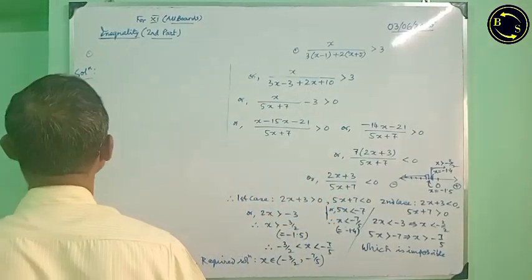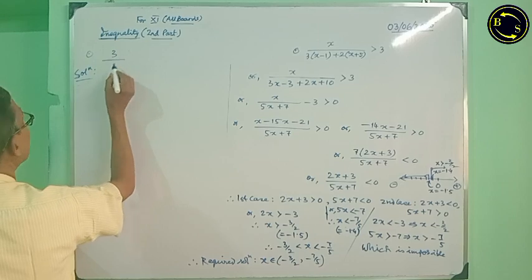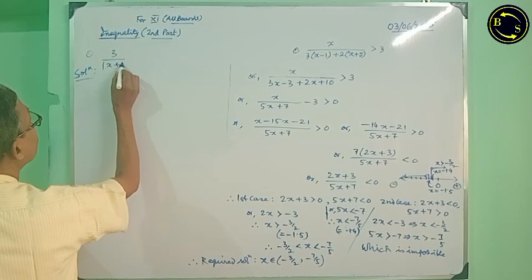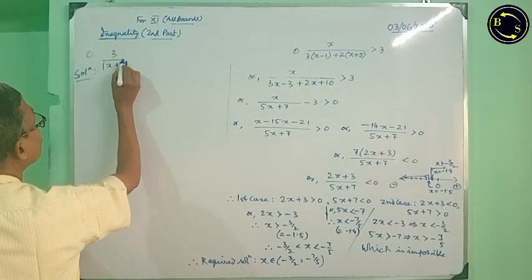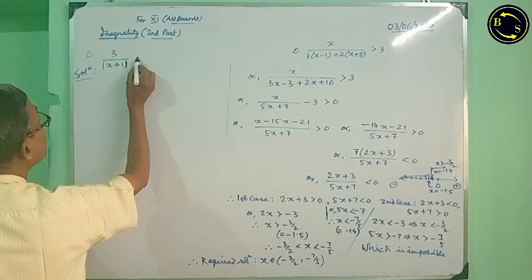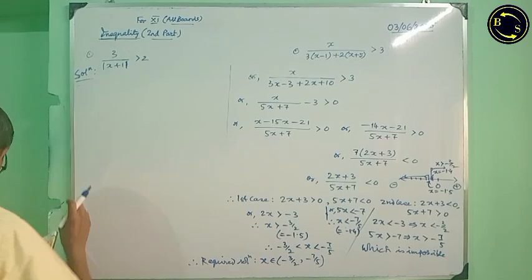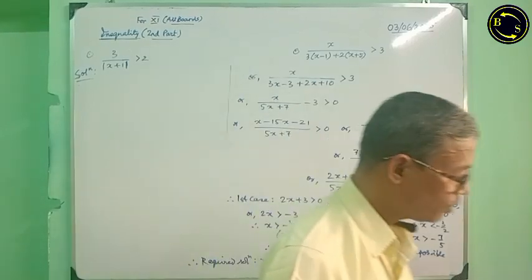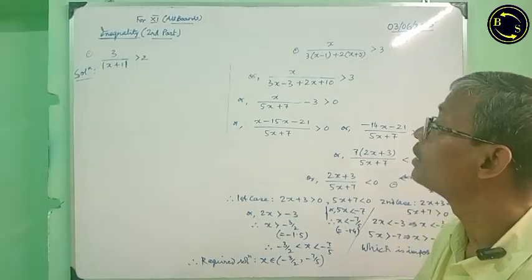First one is this. Three by modulus of x plus 1 greater than 2.